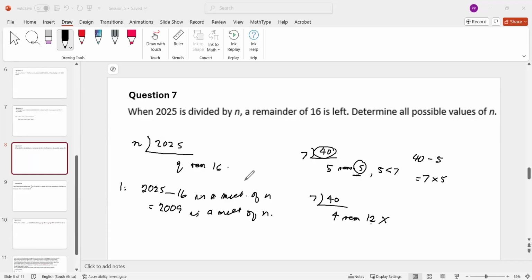And the other thing is that we said that the remainder must be smaller than n. And you can't take out any more n's from 16. So n must be larger than 16. So now we are looking for, to say 2009 is a multiple of n, it's the same as saying that n is a factor of 2009.